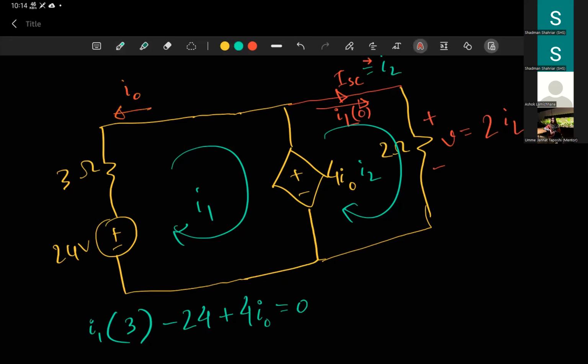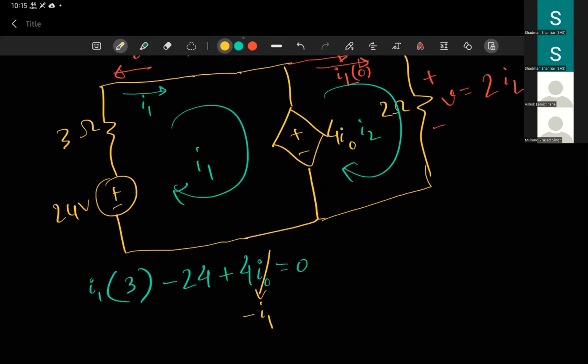Most of you miss this I1 reason. You see that the I1 current is going through in this direction, on the right hand direction. So our value should be minus I1, opposite direction. So instead of writing I naught, we can write minus I1 in our equation, and this is just one equation.